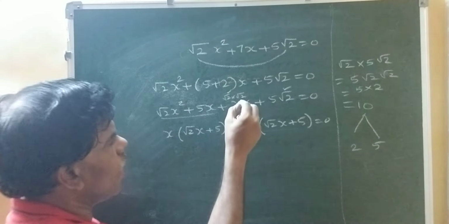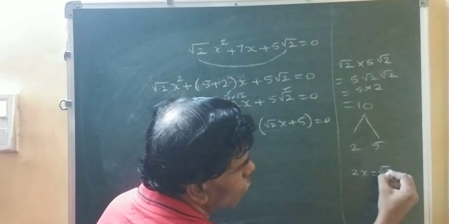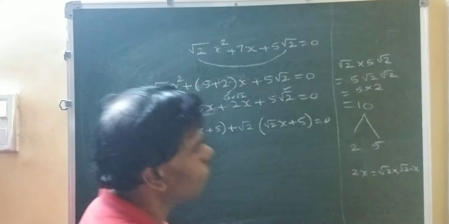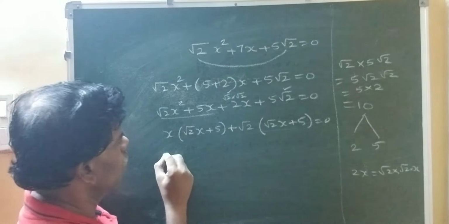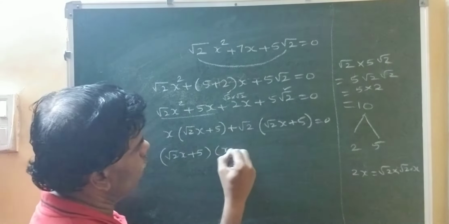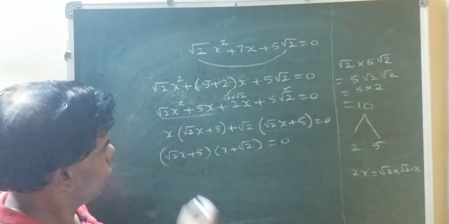This is very important, because 2x means root 2 into x. Now root 2x plus 5 into x plus root 2 is equal to 0.